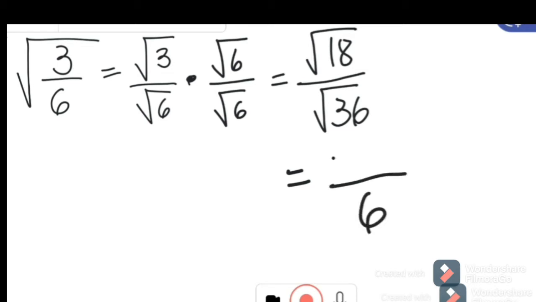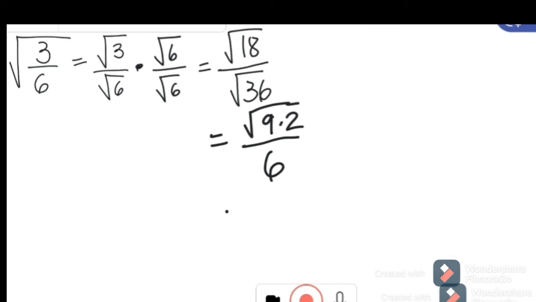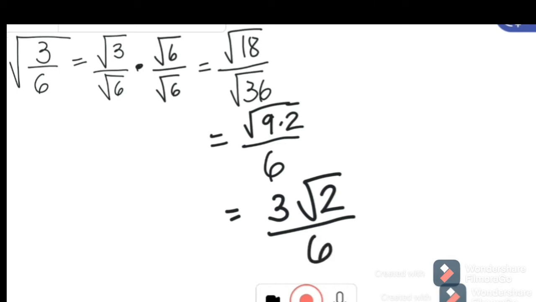And our numerator, the square root of 18, can be factored as 9 times 2, right? And then we simplify. The square root of 9 is 3, and we have the radical 2. And in the denominator, we have 6.